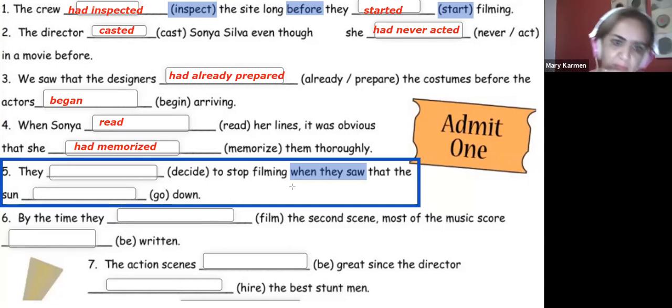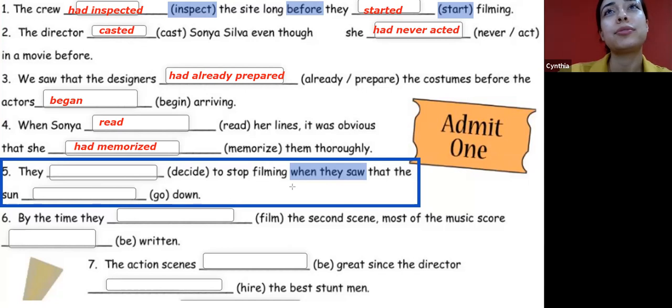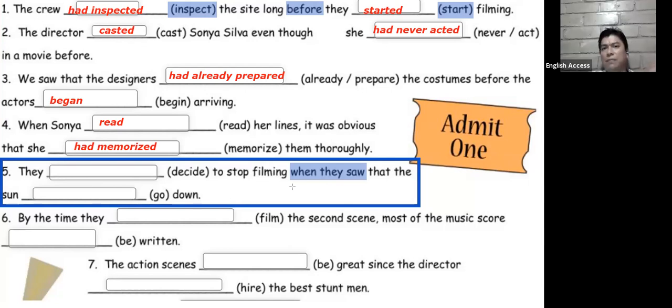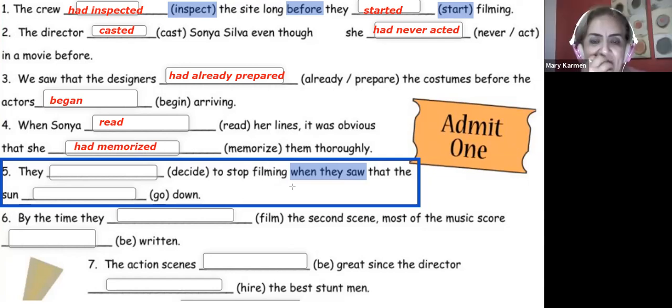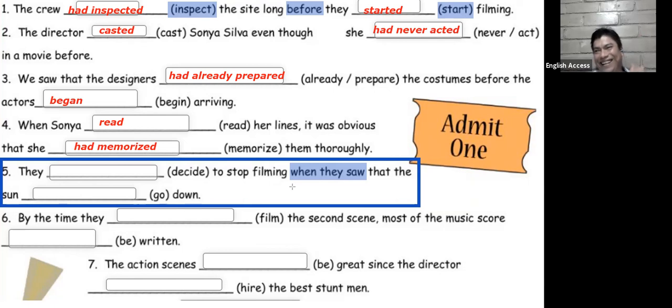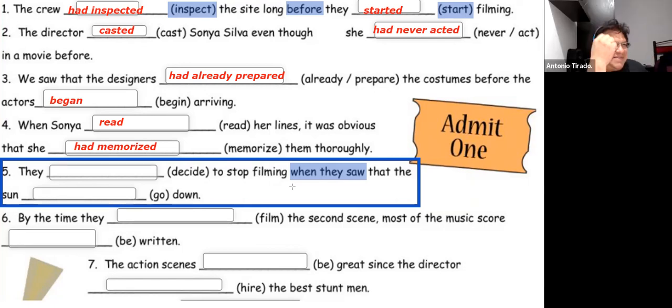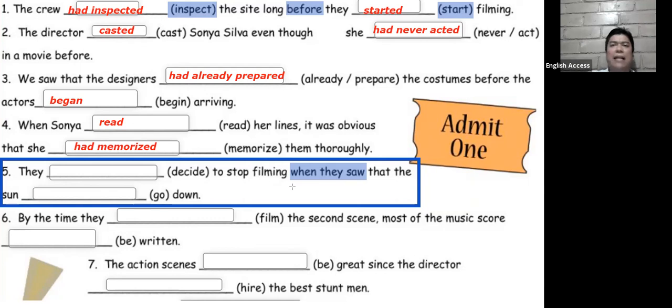The decision happened first. They decided to stop filming at 6 p.m. and the sun went down at 7 p.m.? This is a good option, but how can they decide to stop filming if the sun hasn't gone down? First is the sun.